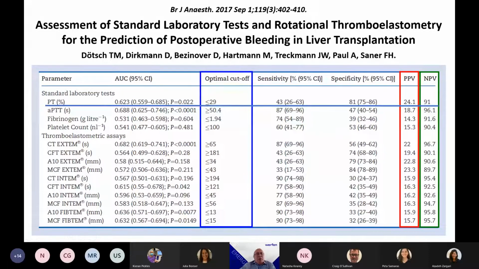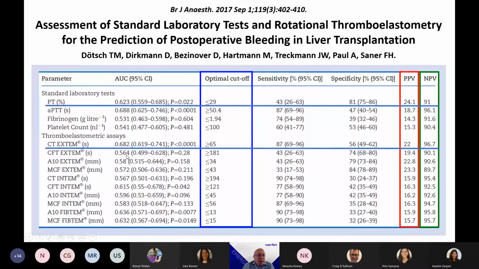So again, if we correct all the patients, even with an INR higher than 1.8, we might treat 75% without any need. However, the other way around, if we have bleeding, now we can use it, but the negative predictive value is 91%, but we will see that viscoelastic testing is even superior.